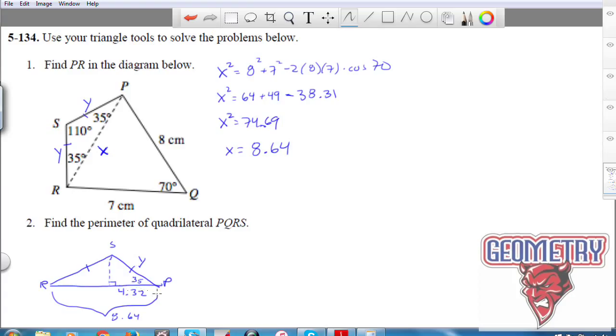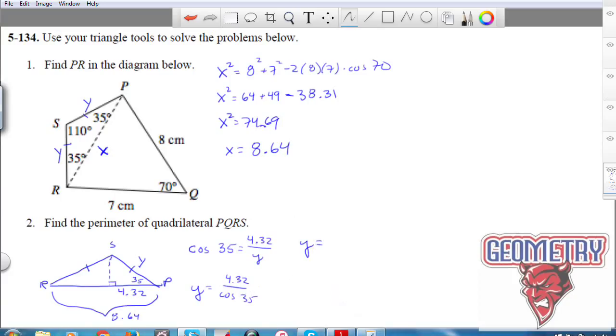This is the adjacent side, and y is the hypotenuse. Adjacent and hypotenuse means we're going to use cosine. So the cosine of 35 equals 4.32, the adjacent, divided by the hypotenuse, y, which means y equals 4.32 divided by the cosine of 35.